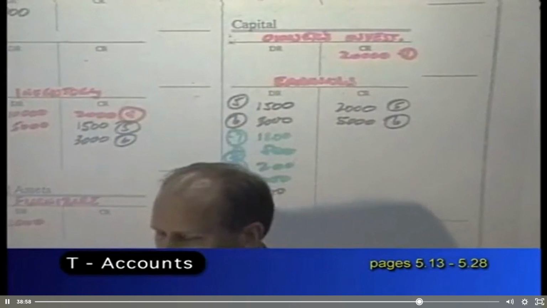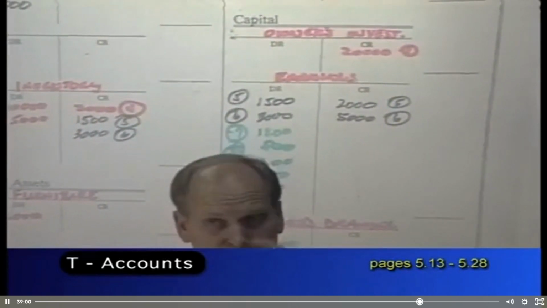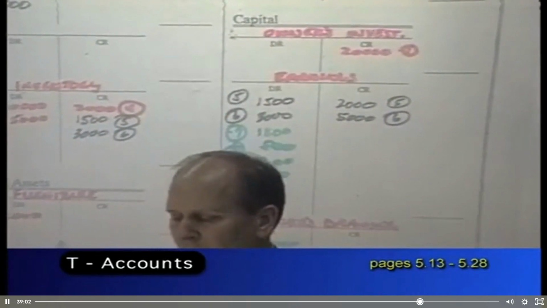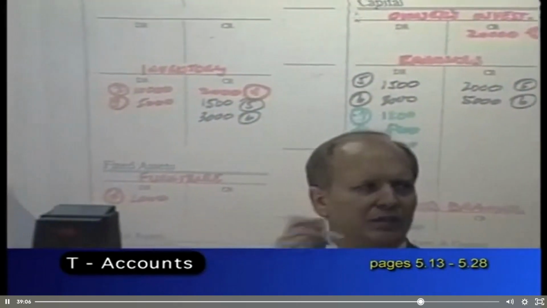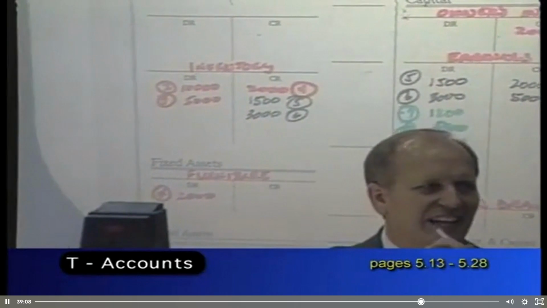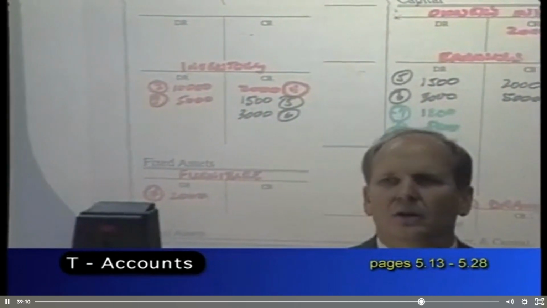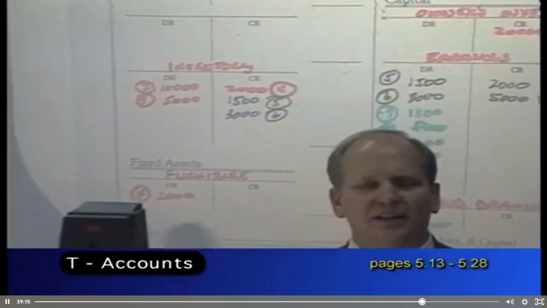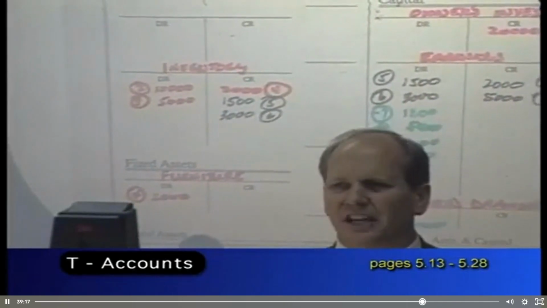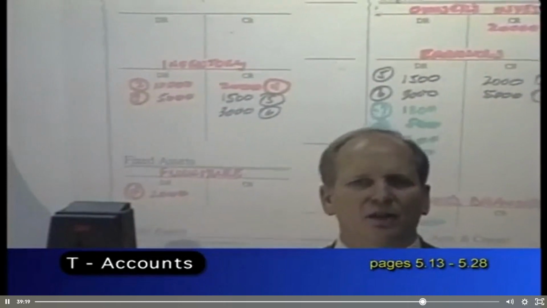14. Okay, however, we don't want to credit furniture because we don't reduce the fixed asset account unless what happens? Unless we physically dispose of it. So it's going to stay in the books at $2,000 until we get rid of it. It never goes down.